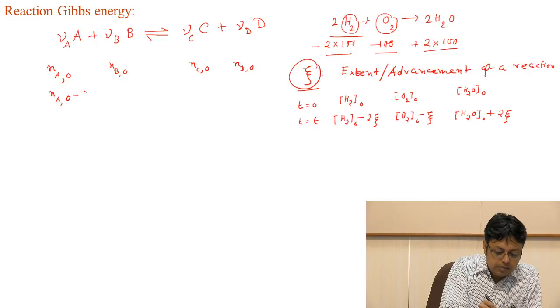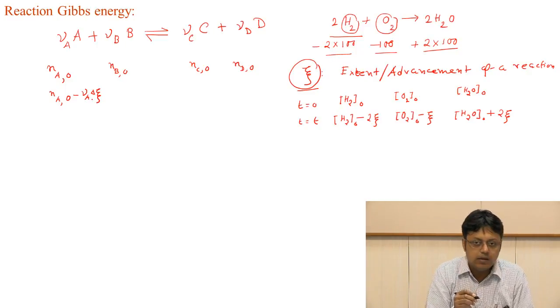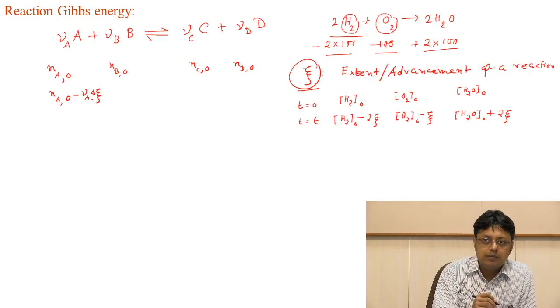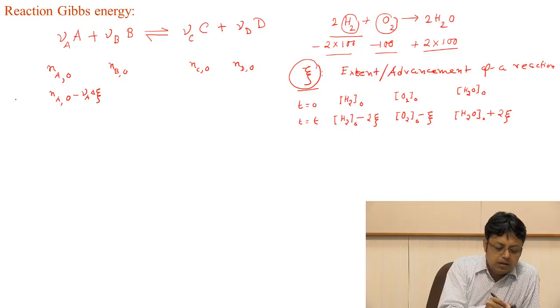This will be Na0 minus nu A into delta xi. I'm calling delta xi the extent of the reaction in an interval delta t.